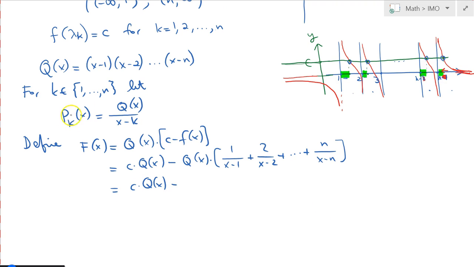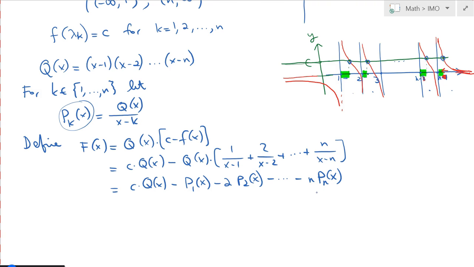Recall how we defined the functions p sub k of x. So q of x divided by x minus 1 will give us p sub 1 of x, minus 2 times p sub 2 of x, and so on, all the way to minus n times p sub n of x.